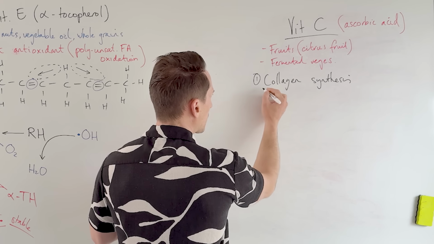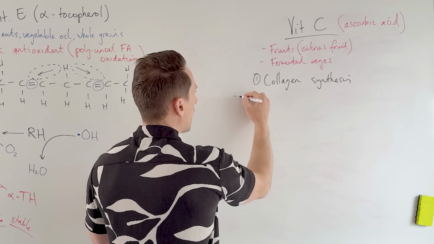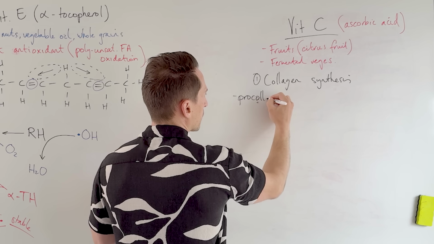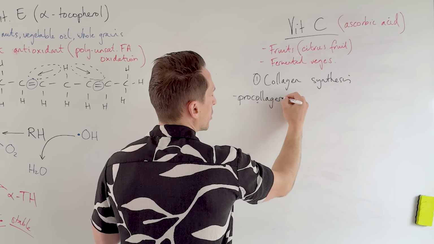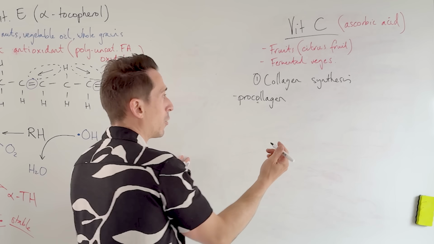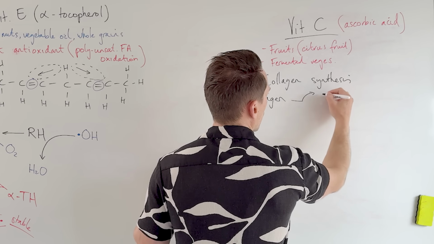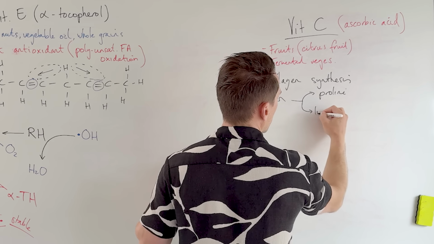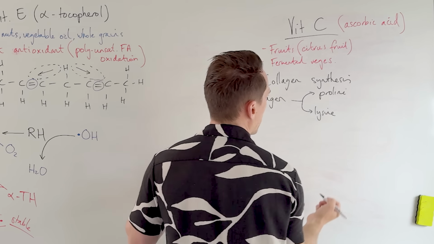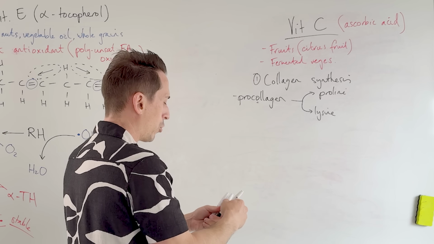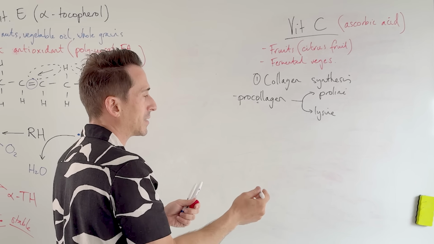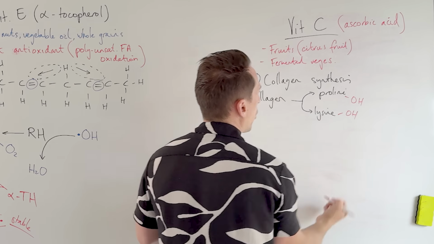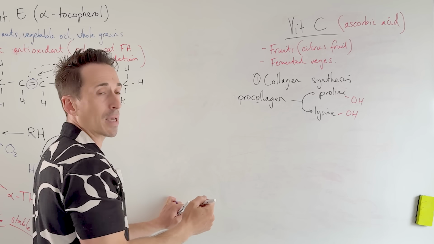But the thing is, before we can make collagen, we have something called procollagen. And I said to you, collagen is a protein, so it's made up of amino acids. It's got proline and lysine amino acids associated with it. And importantly, these proline and lysine amino acids need to become hydroxylated before procollagen can become collagen.